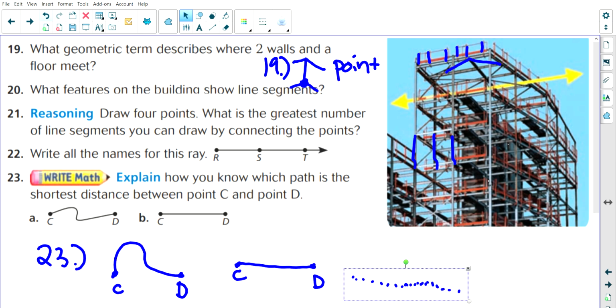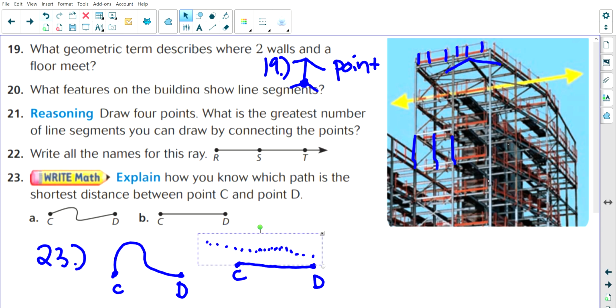Now, if I measured that with my line CD, you can tell obviously that that was a longer route. The shortest distance between 2 points is called a line. So any curving and zigzagging that's done adds extra distance. A line segment is the shortest distance between 2 points.